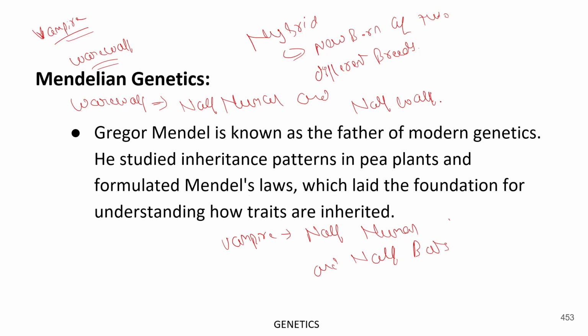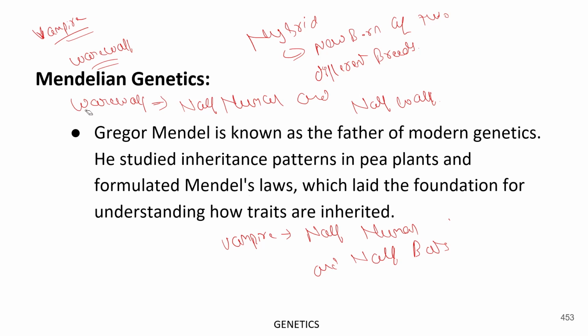So you can say they are hybrids because they have characteristics of two different breeds. One is the human class, the second one is the bat class, or the wolf class. So these people are hybrids. Basically, a hybrid is a newborn which comprises two different breeds.